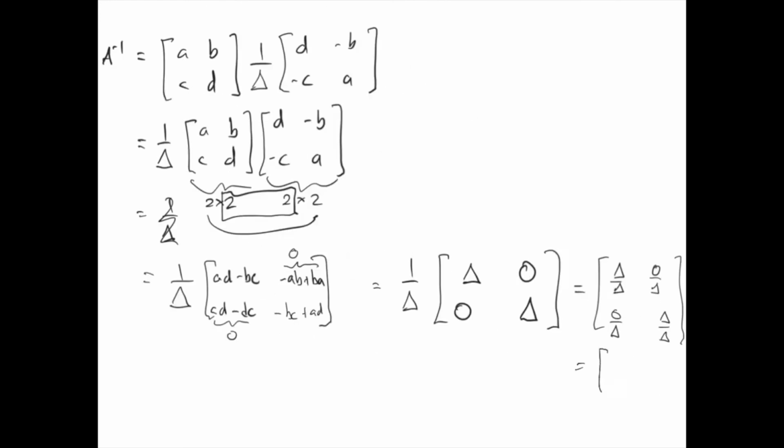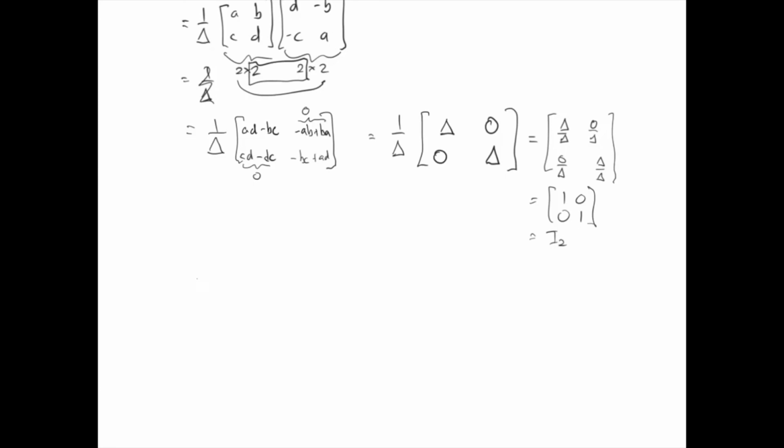And this is 1, 0, 0, 1, which is the 2 by 2 identity matrix. And so what we figured out is A times A inverse is equal to I2, which is what we wanted. Similarly, one could check, I won't do it here, that A inverse times A is the identity matrix as well.